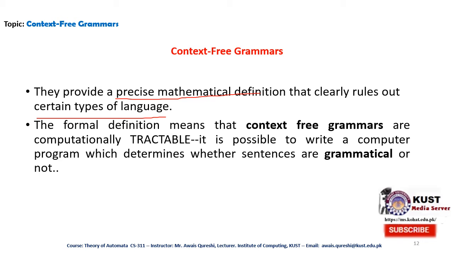It is possible to write a computer program which determines whether sentences are grammatically correct or not. Okay, so this is the key point, that context-free grammars are computationally tractable. This means that we can determine whether sentences are grammatically correct or not in any programming language. So with the help of context-free grammars, we do this step.